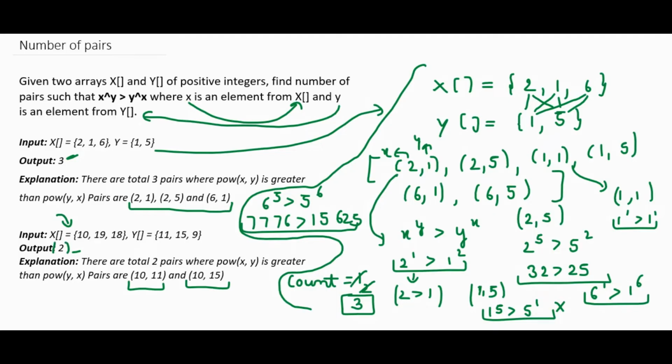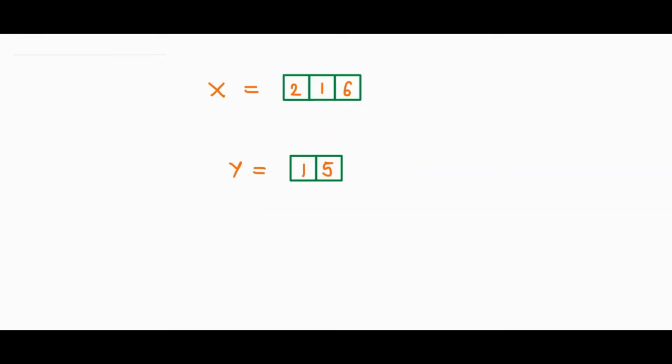Okay, now let's see how we can approach this question. First, let's see the brute force approach to solve this question. So in the brute force approach, what we will do is, for every value of x, we will consider every value of y and we will try to satisfy this condition: x to the power y is greater than y to the power x. That means we will check this condition again and again for every value of x and every value of y.